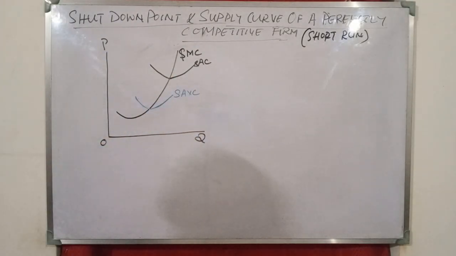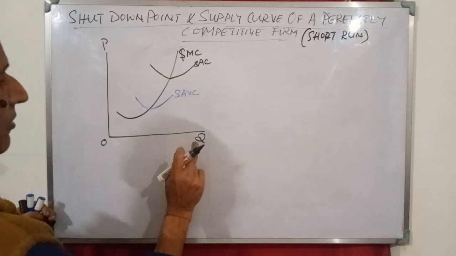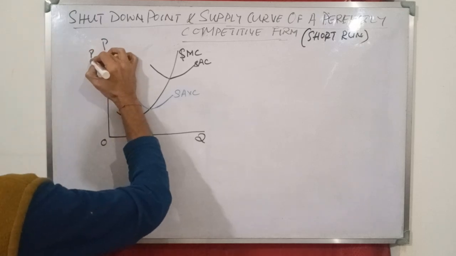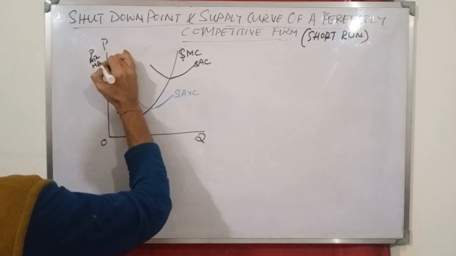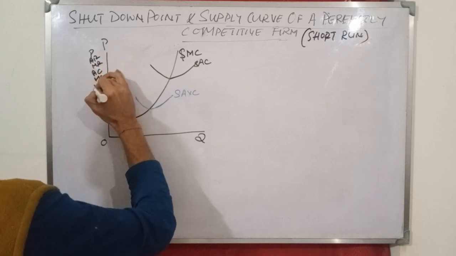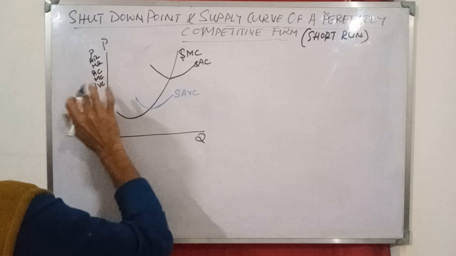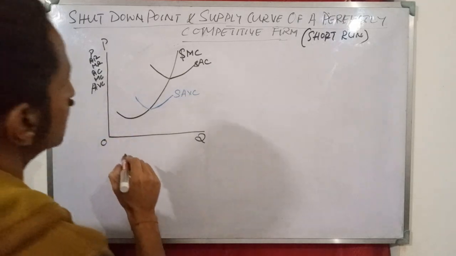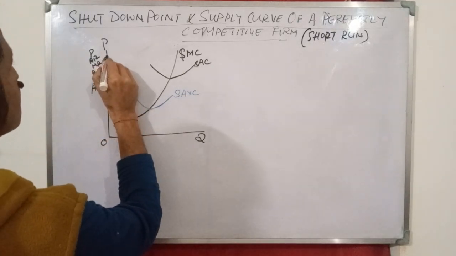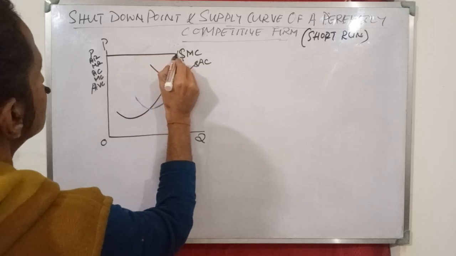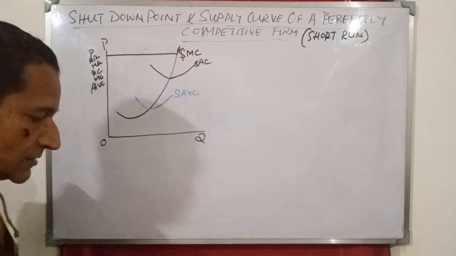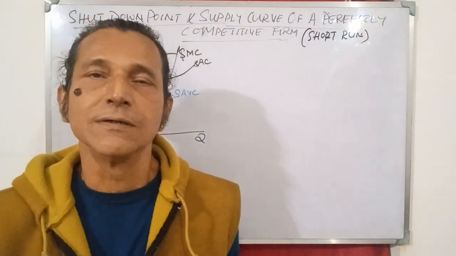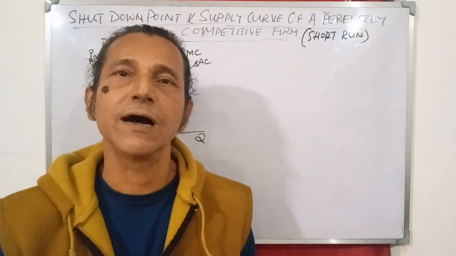Initially, say the price is P sub 1. On the x-axis we measure quantity and on the y-axis we measure price, AR, MR, AC, MC and AVC, average variable cost. P sub 1 is the price which is determined in the industry, and as we have learned in an earlier video, perfectly competitive firms are only price takers.